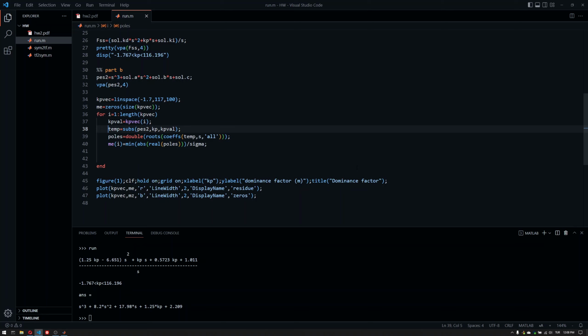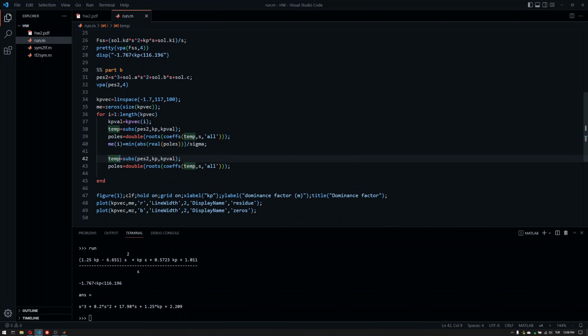So let's again have this here, but instead of having PES, we can use PZS, or we can just directly use the polynomial itself. I guess in PZS we didn't really define it, so we should still do it. So sol.kd times s squared plus kp times s plus sol.ki. We will substitute kp val into kp. In this polynomial, this will be our zero polynomial.